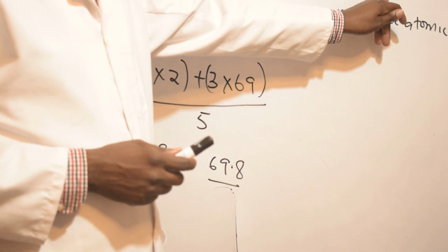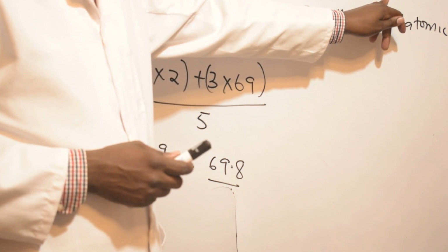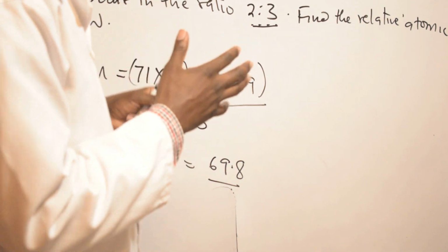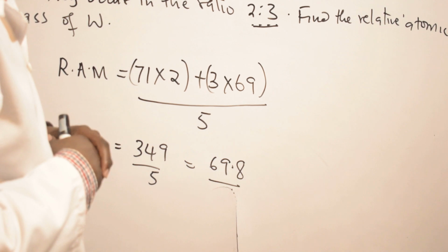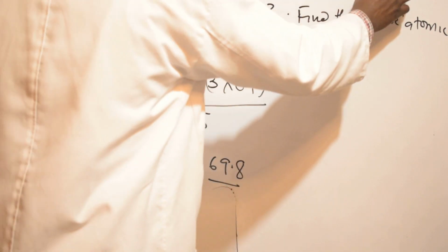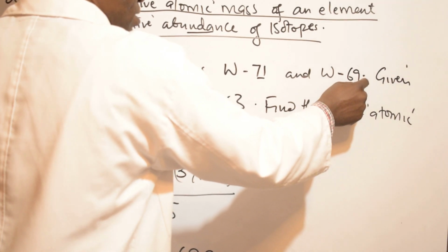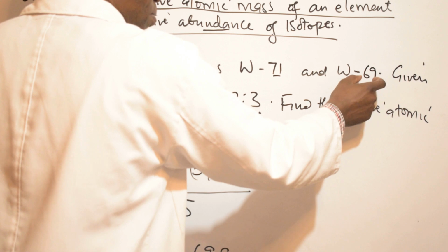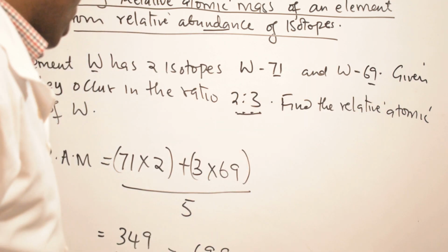So 60% of the atoms will have a mass number of 69. That will mean that the relative atomic mass will be closer to 69, because the percentage abundance, or the relative abundance, of W69 is more compared to W71. That's what we're talking about.